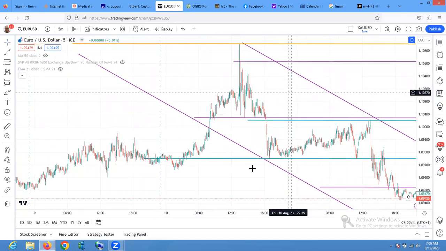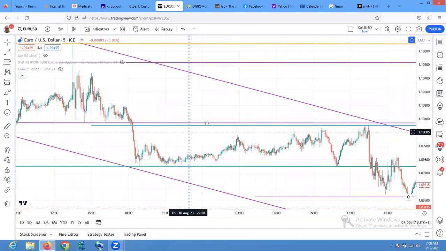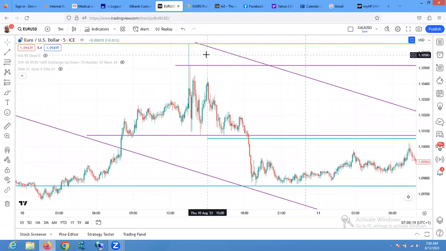Let me try to zoom in for us to see. So it ended here, and the sellers pushed it down.